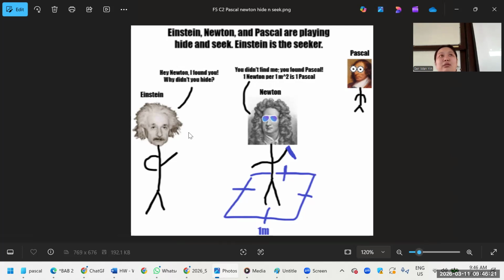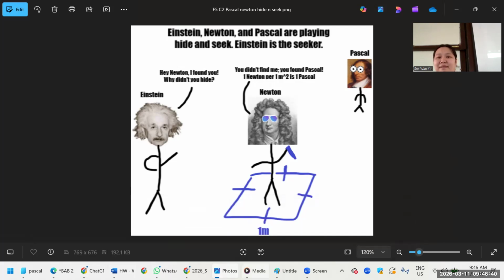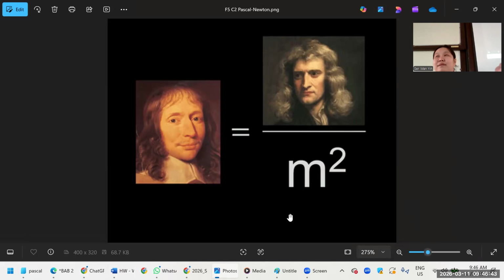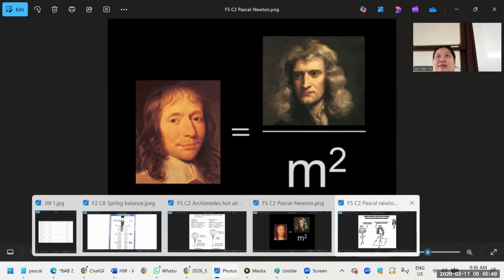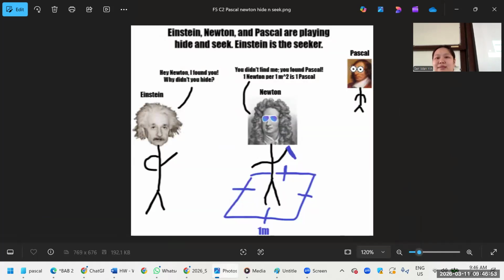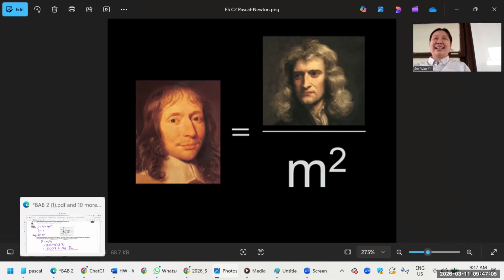So Newton said, "No, no, no, you found Pascal because he's standing on a 1 meter square box." Also like this until today.